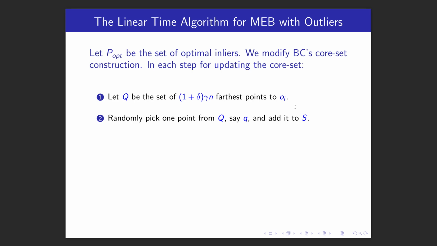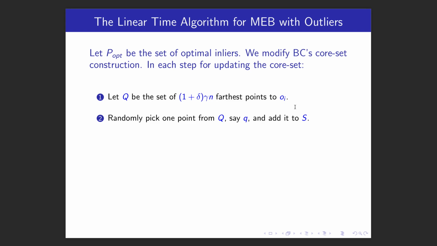Suppose P_opt is the set of optimal inliers. But we should emphasize we don't know who are the optimal inliers. We just use this symbol to denote such a set. In each step for updating the coreset in the construction, we let Q, big Q, be the set of 1 plus delta times gamma n furthest points to o_i.